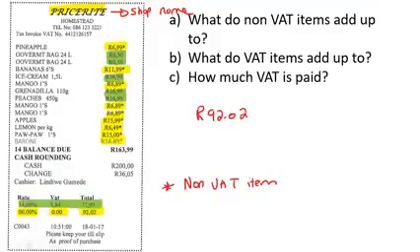But now here's where learners get confused, okay? That 71 Rand and 97, or these prices over here, they already have the VAT included. These are already the prices with VAT. You don't have to now go and add VAT onto these prices. They already have the VAT included. Okay?